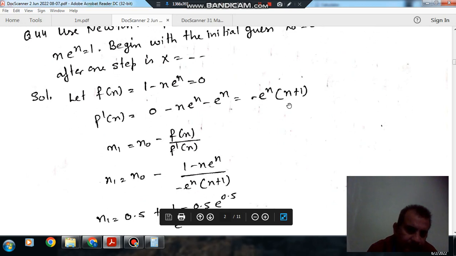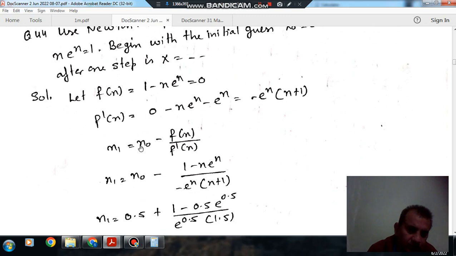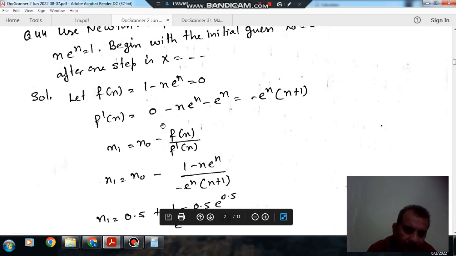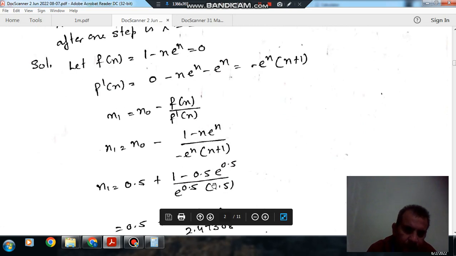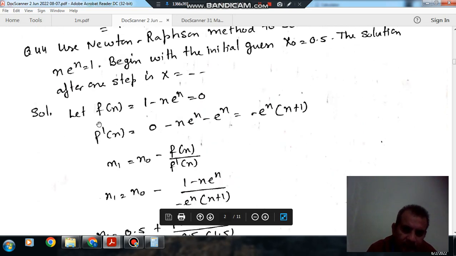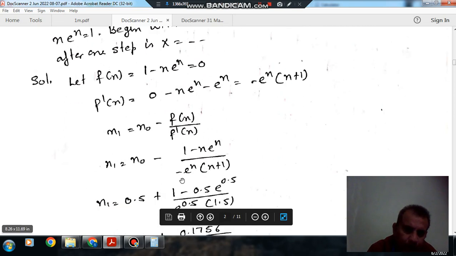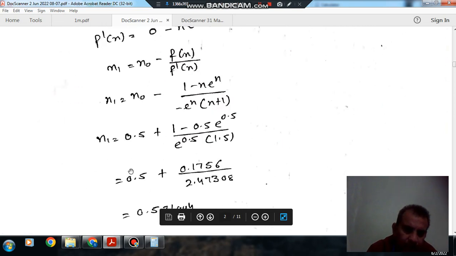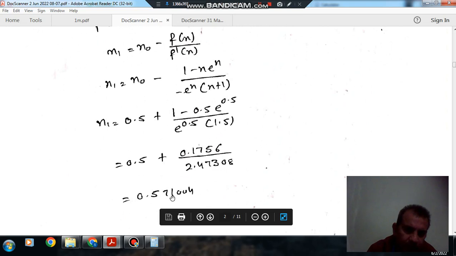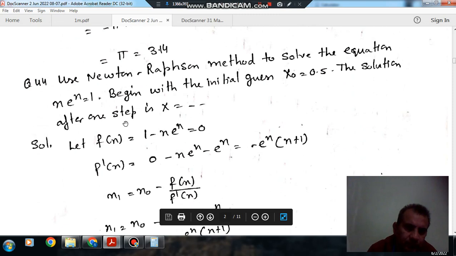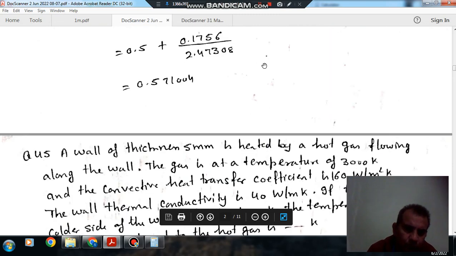So this is f dash x, and according to Newton-Raphson method, x1 is x naught minus f(x) by f dash x. f(x) is 1 minus x e^x, and f dash x is this quantity. If we put the initial guess x naught as 0.5, we get x1 as 0.5704. So answer is 0.5700.